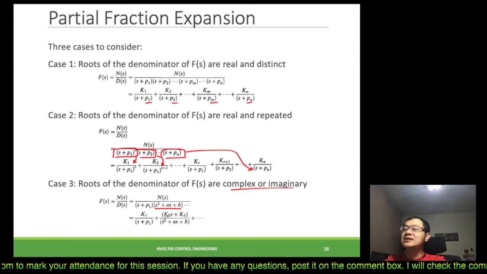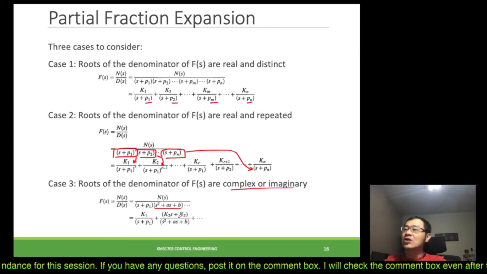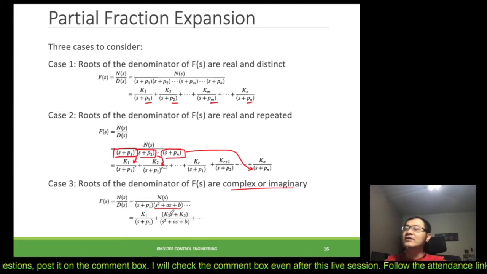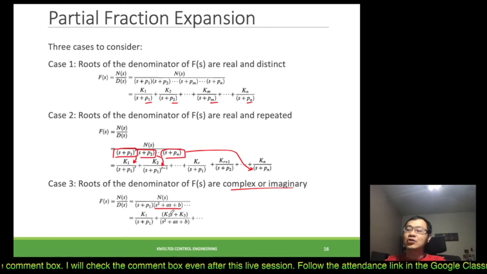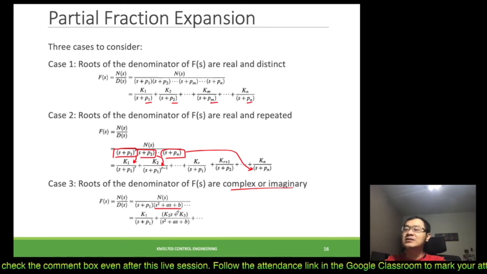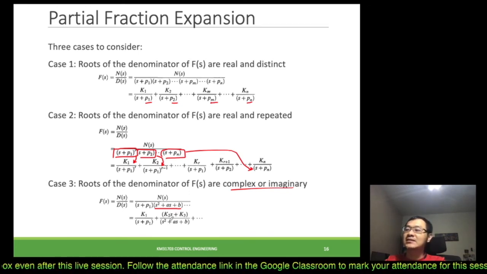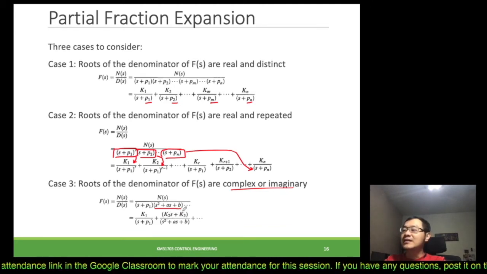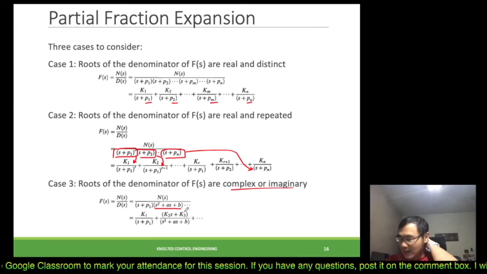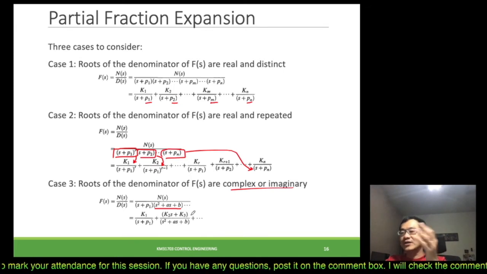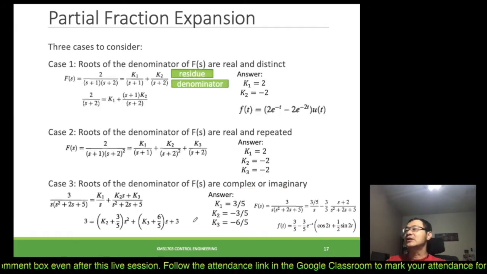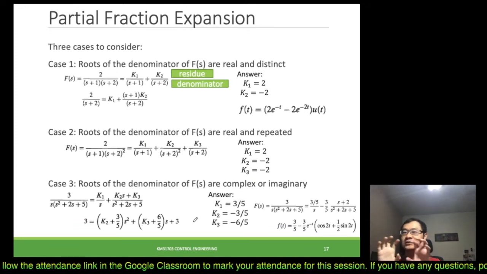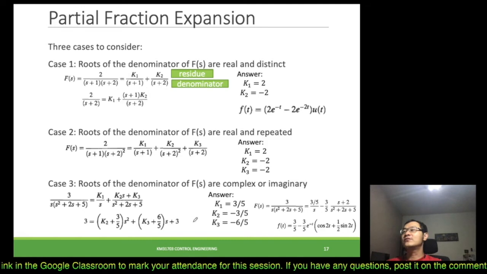Since the highest order of the denominator is 2, therefore the numerator highest order should be 1. It must be less than that. If this is 3, then this should be 2, k2 s squared plus k3s plus k4 and so on, right? Or we can easily break them into different terms of partial fractions.